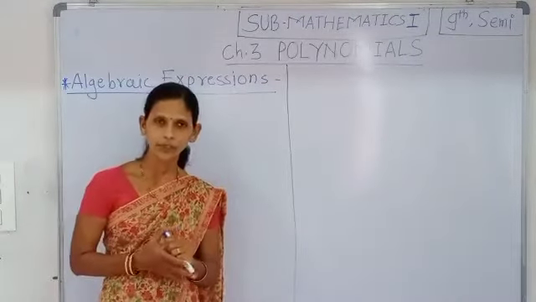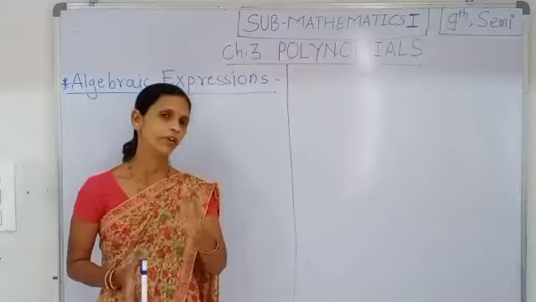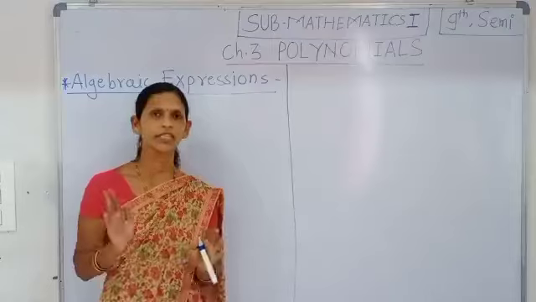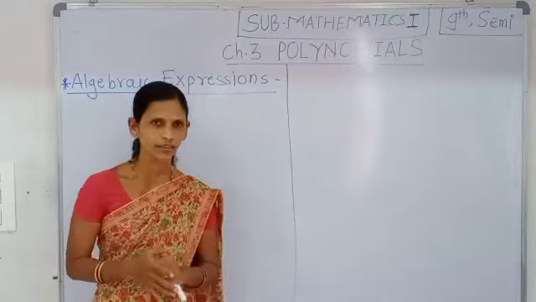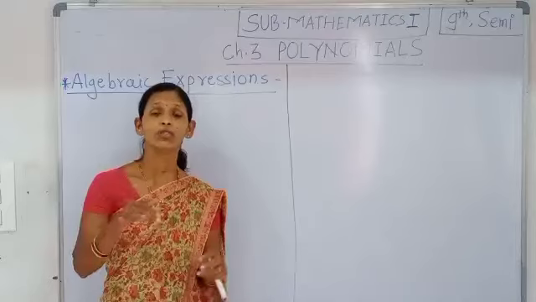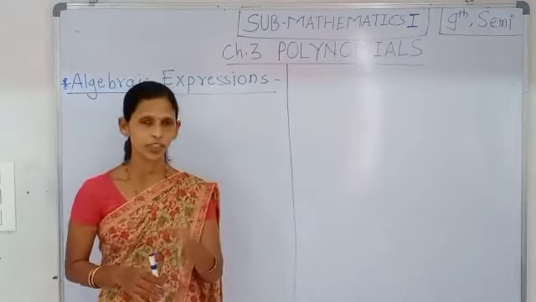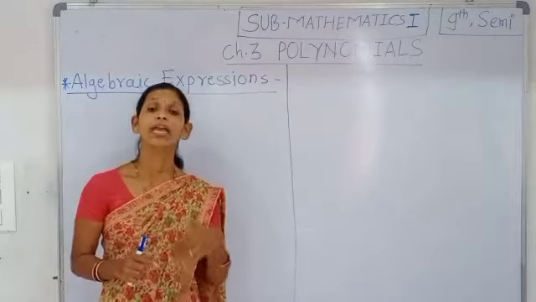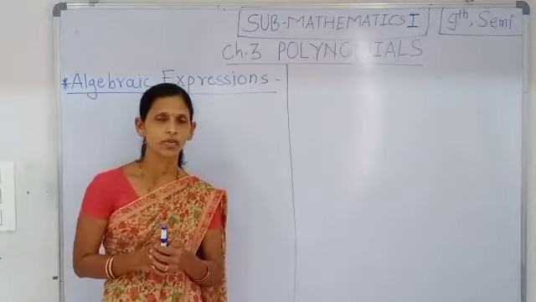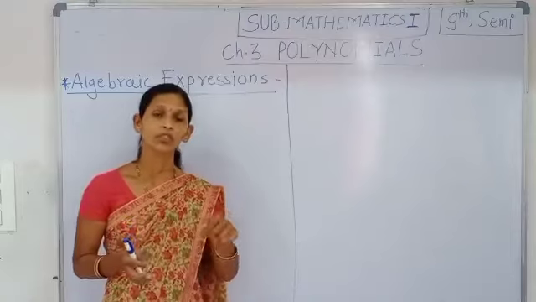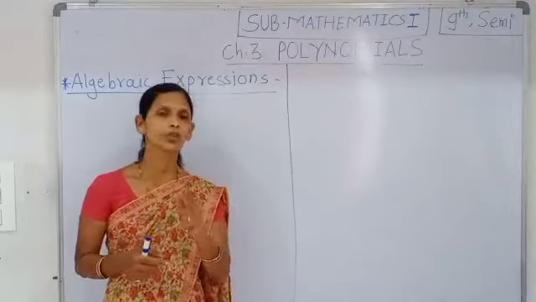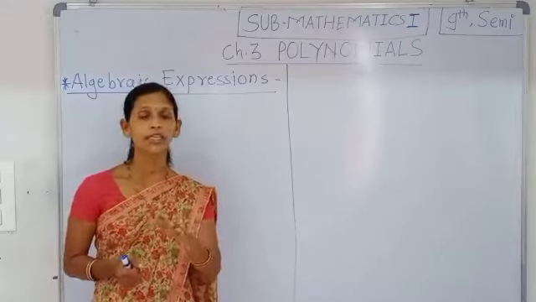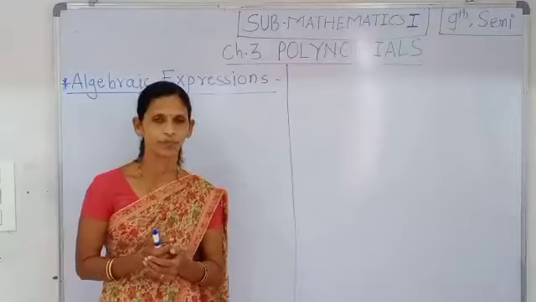What are algebraic expressions and examples of algebraic expressions, that you learnt in previous standards, from 5th to 8th standard, as well as algebraic expressions, polynomials, types of polynomials, degree of polynomials, and related examples. You have already studied that in the bridge course program.